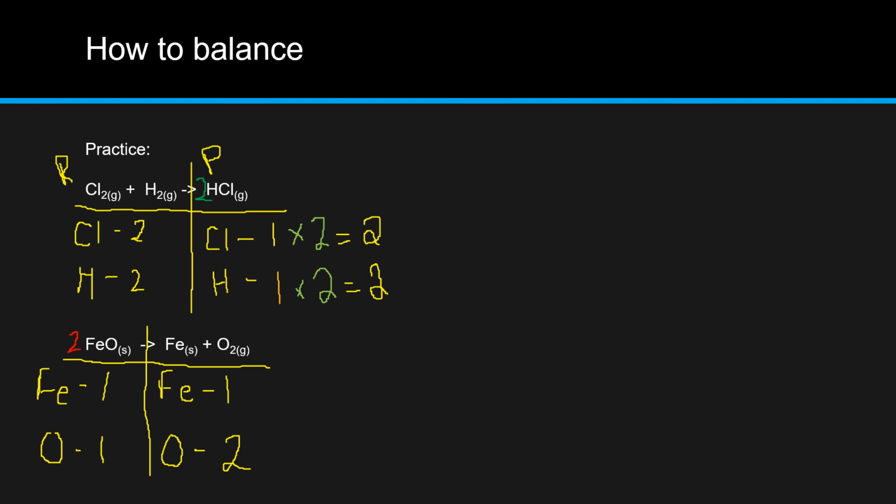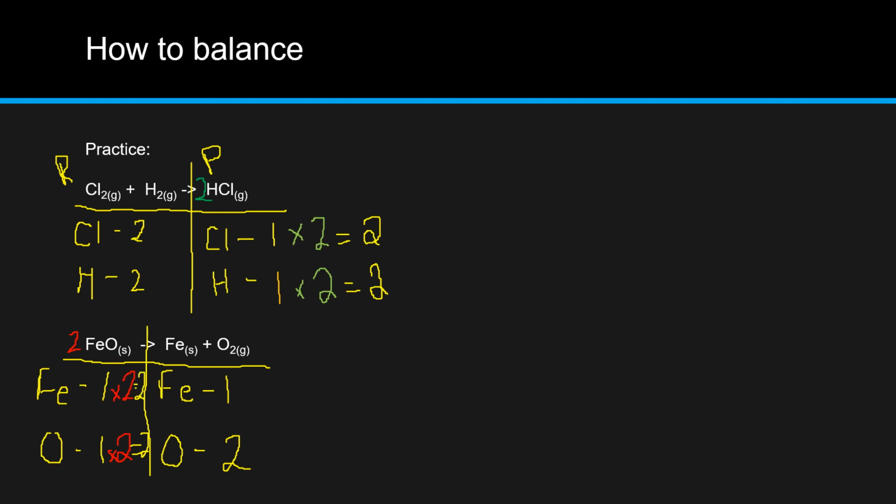So if I add a 2 in front of here, that's like I go 1 times by 2. 1 times by 2. Perfect. That means now I have 2 oxygen, but now I also have 2 iron.